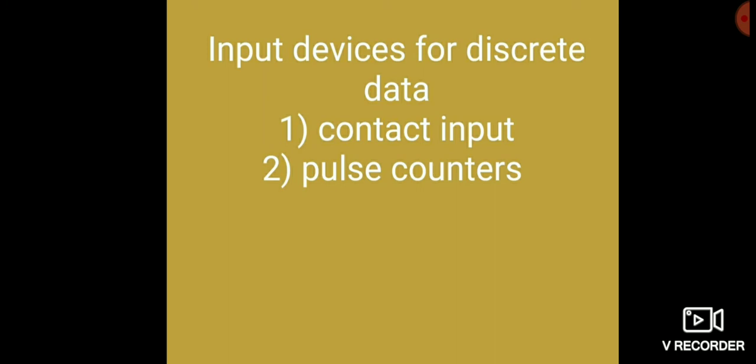Pulse counters can be used for both counting and measurement applications. A typical counting application might be to add up the number of packages moving past a photoelectric sensor along a conveyor. A typical measurement application is to indicate the rotational speed of a shaft.